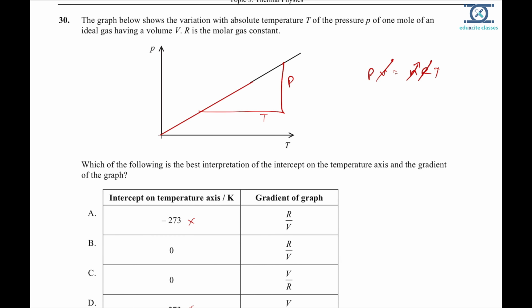Let us say the volume is V. So n and R get cancelled out, and P by T is R by V. R is a constant, anyway it is given in the option. So R by V is the ratio. Option B is the right answer.